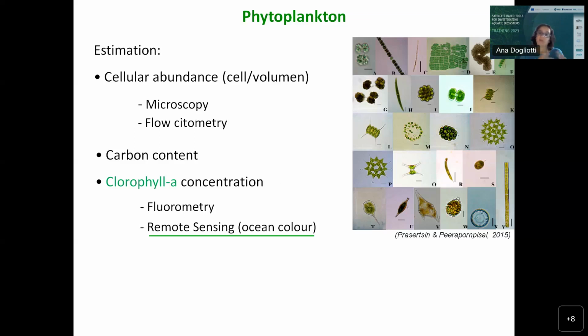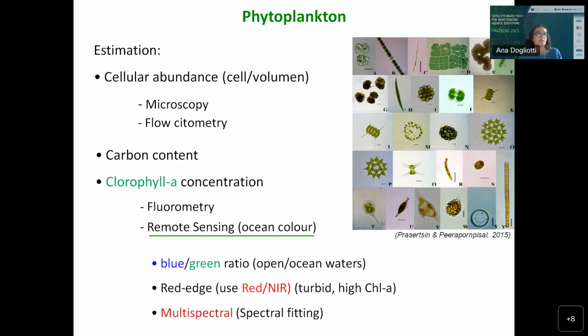So, using the fluorescence capability of the chlorophyll, or we can also estimate it from remote sensing, as I've been mentioning, using ocean color, a sensor in the visible part of the spectrum. For doing this remote sensing you have different types of algorithms, but in general there are groups.